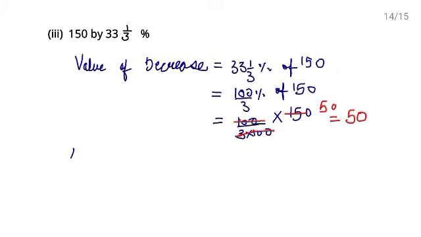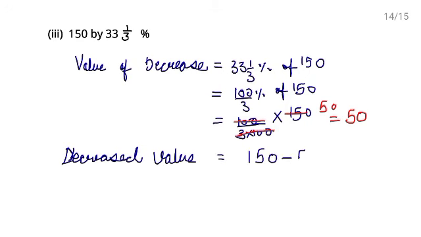So now the decreased value will be out of 150 subtract 50, so this becomes 100. This is your answer. Next, again find for decreased amount or the decreased value.